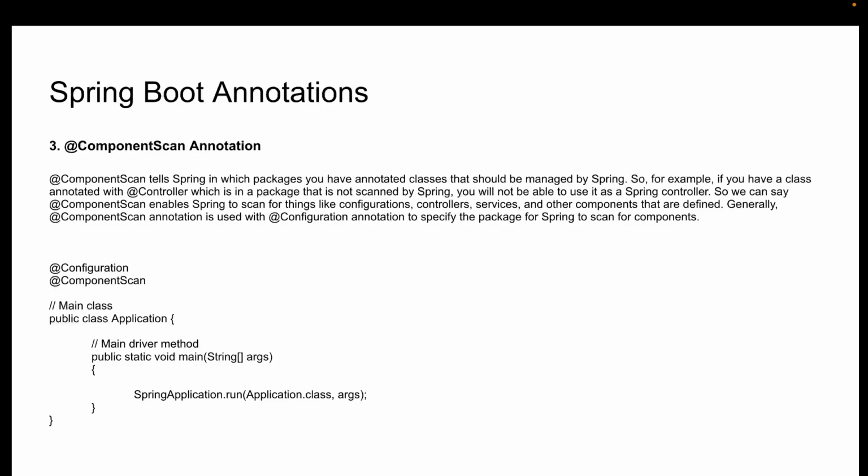We want our Spring Boot application to manage those particular classes, and we have already provided some kind of annotation. Let's say we have written our repository class, so on that class level we have annotated it with @Repository. And let's say we have some service class, and we have annotated @Service at the class level.